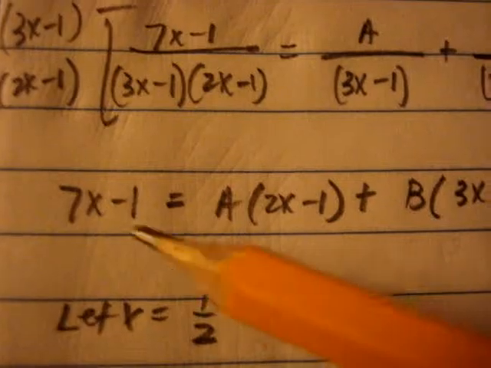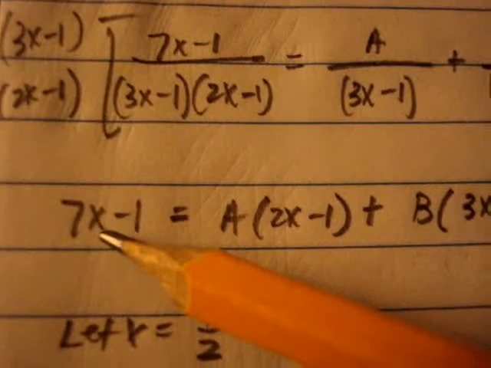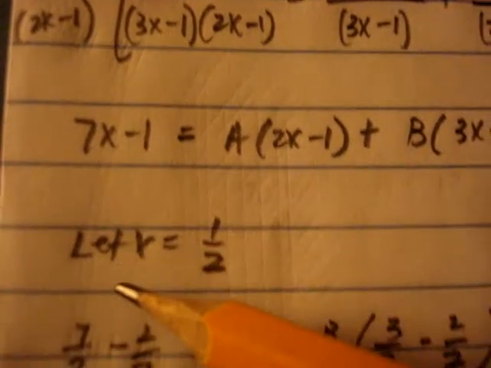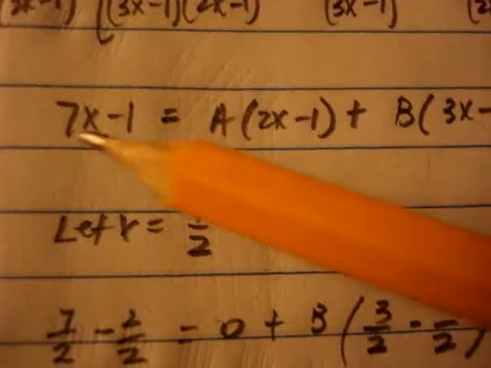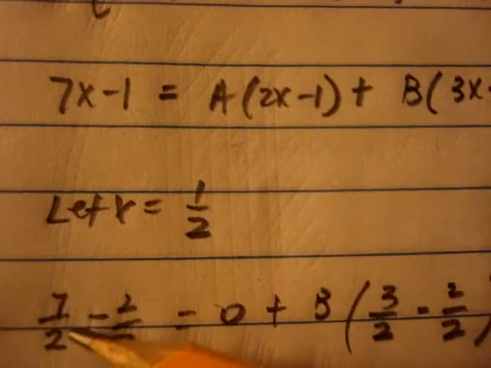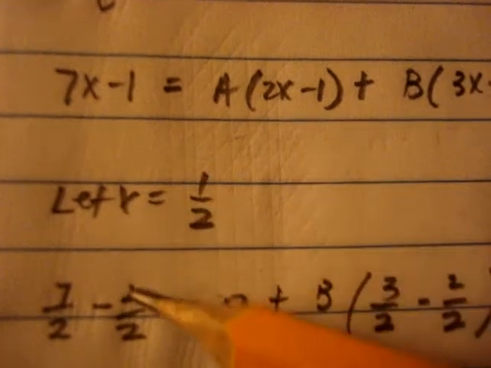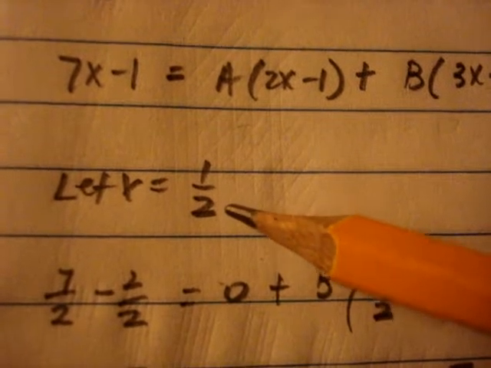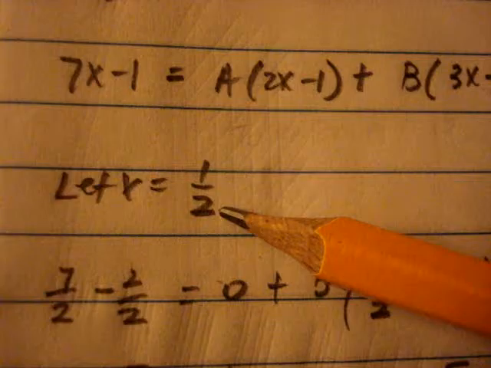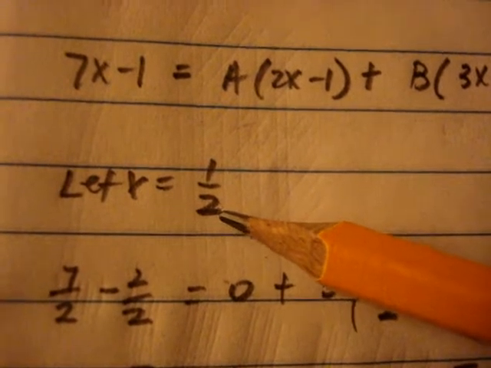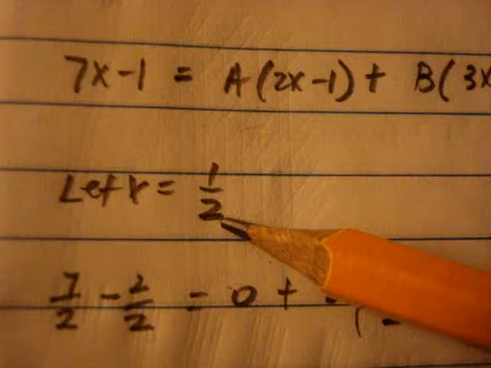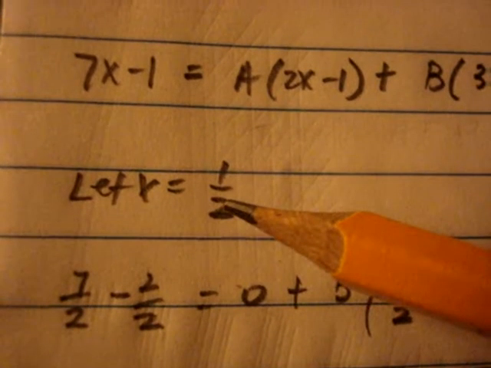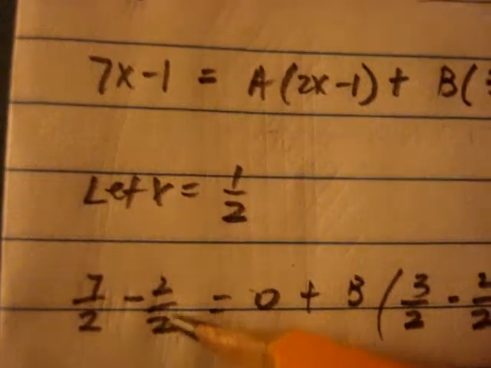So I plug the 1/2 into the left-hand side. 7 times 1/2 would be 7 divided by 2, minus 2 divided by 2. Why is it 2 divided by 2? Because the denominator right here is 2. If it's 3, it will be 3 divided by 3. But since I let x equal 1/2, it will be 2 divided by 2.